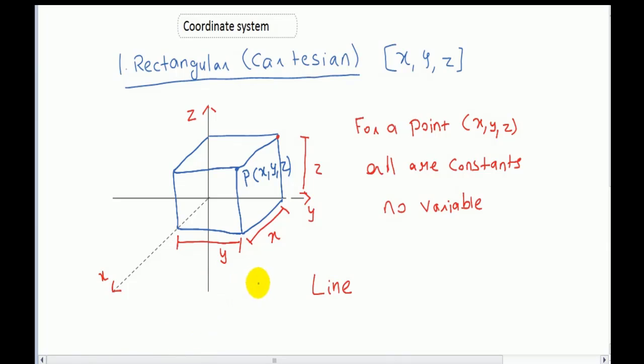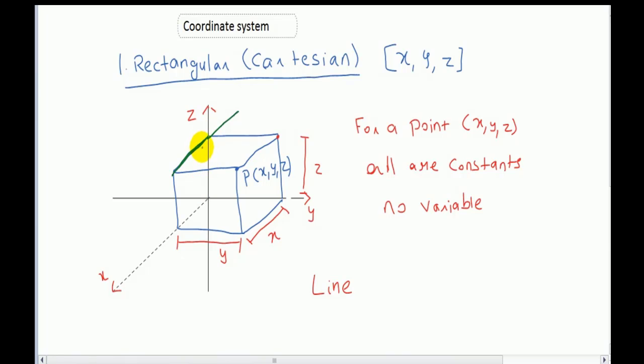Suppose from this cube I will locate a line, like this is my line. So for this line you can see there is specific value of z. If I extend this further, this is a line, there is specific value of z and there is specific value of y also.